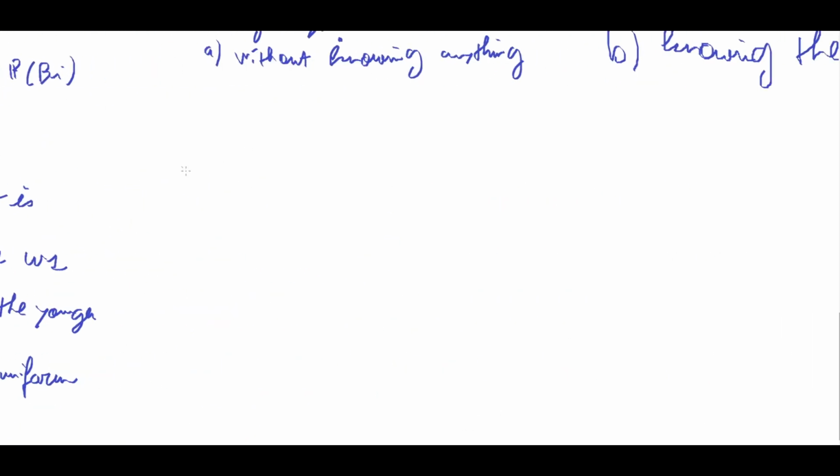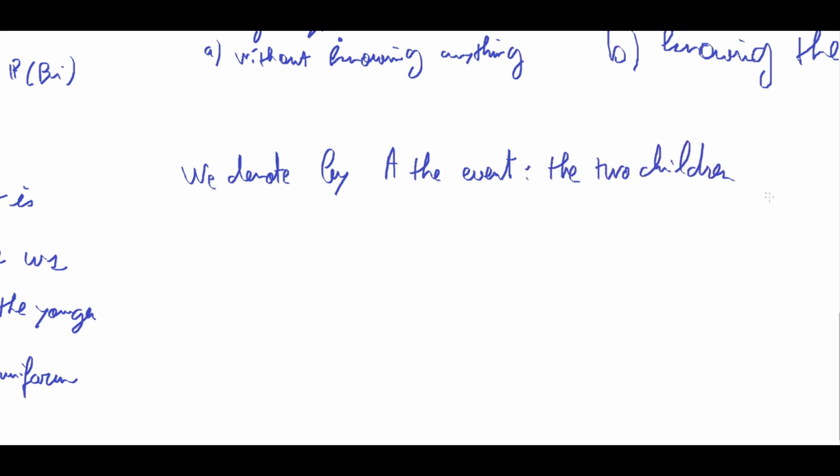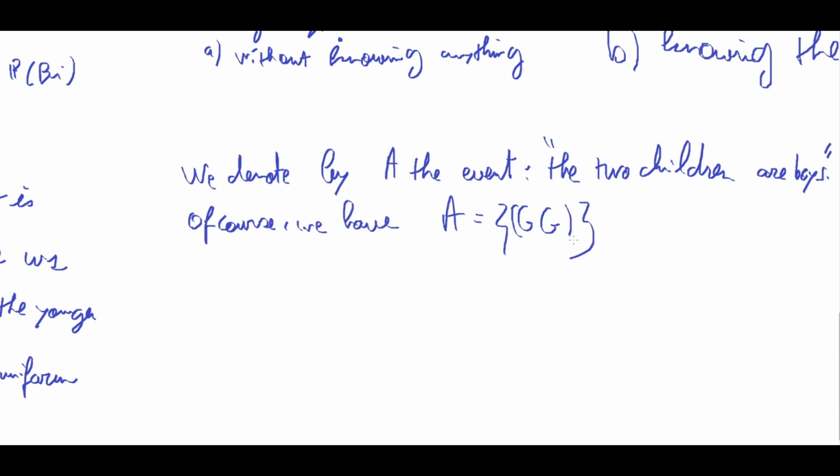We denote by A the event two children are boys. Of course, we have A equal to boy, boy.